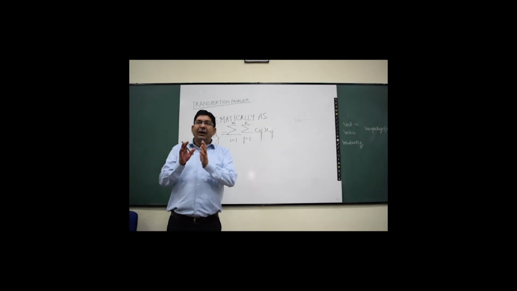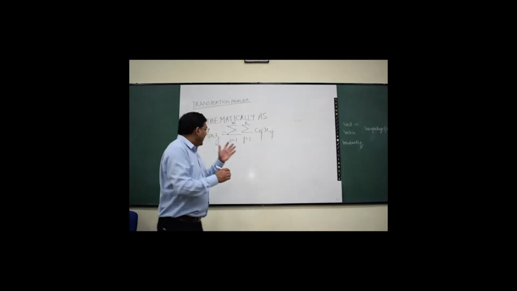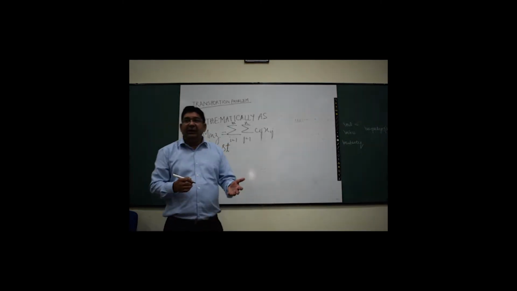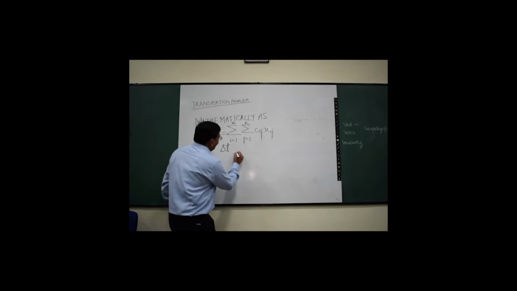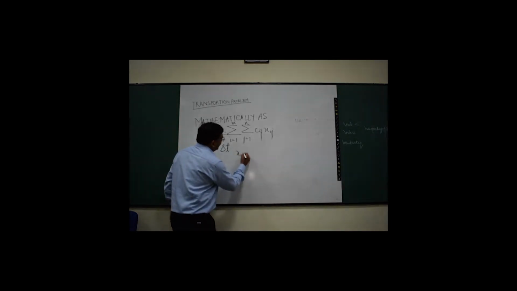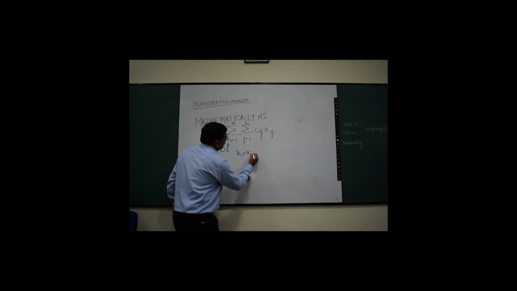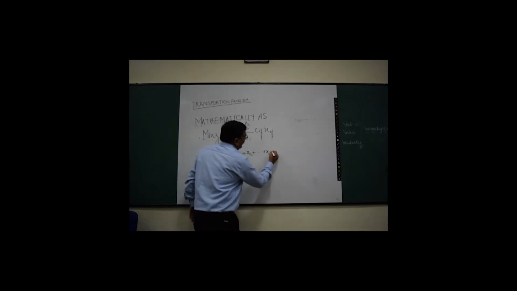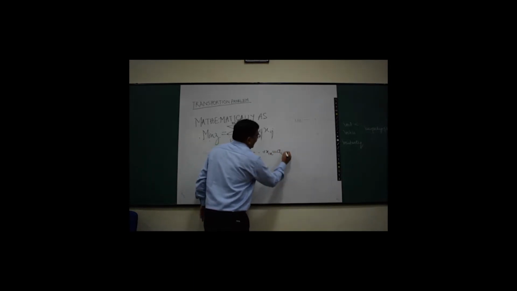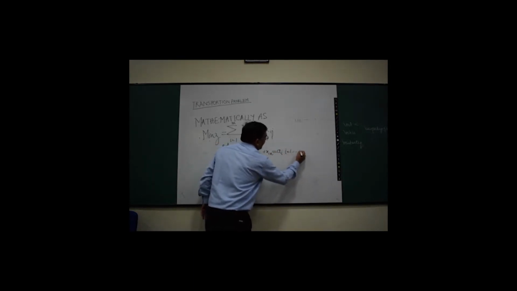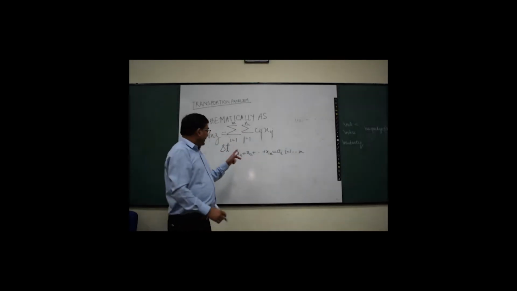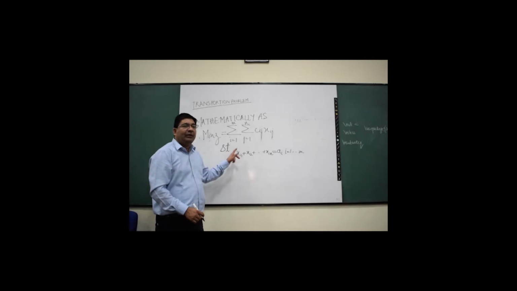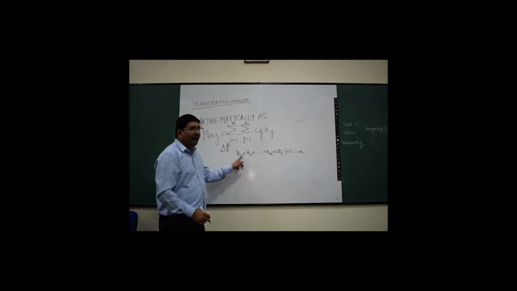This is subject to the conditions, or constraints, that xi1 plus xi2 plus ... plus xin is equal to ai, i is from 1 to m. Here xi1 is the amount which has to be transported from the ith source to the first destination.